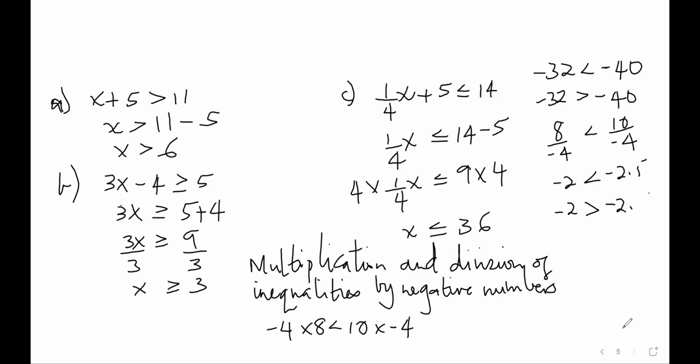Otherwise, they will not be true. So multiplication and division of inequalities by negative numbers reverses the inequality sign. We've seen that. It reverses the inequality sign.